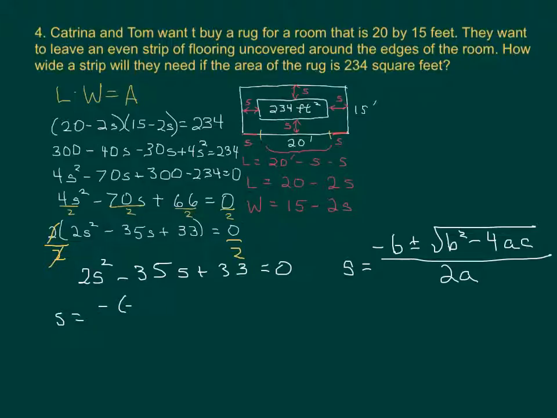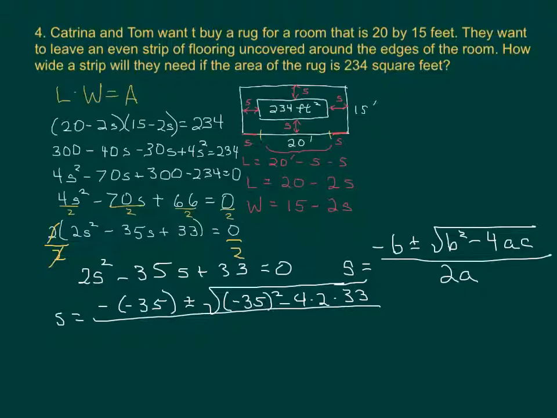S equals negative b, which is negative of negative 35, plus or minus the square root of negative 35 squared minus 4 times a times c, all of that over 2a.